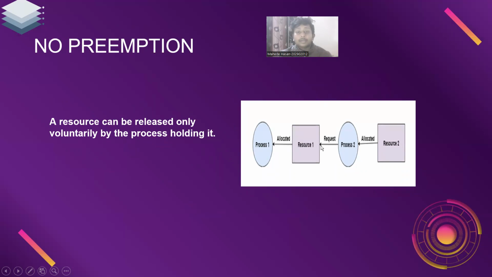If it could, then what would be the need for various scheduling algorithms? The process P2 can request the resource R and wait for the resource to be freed by the process. Now I will discuss circular wait.